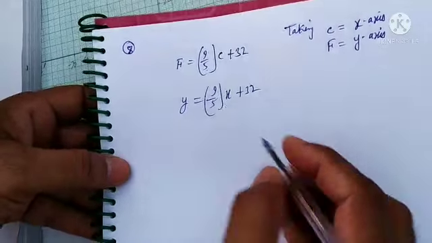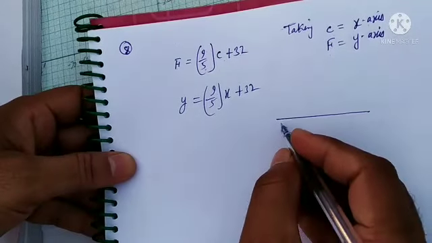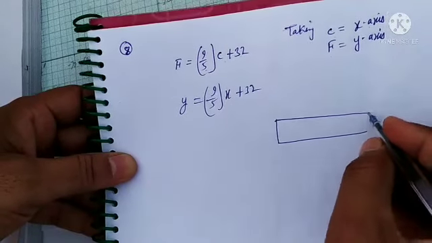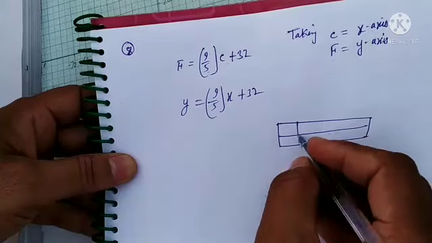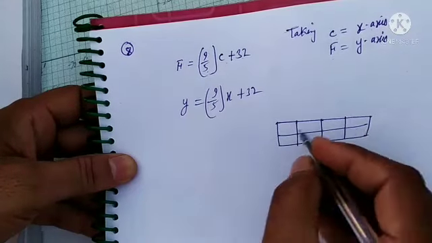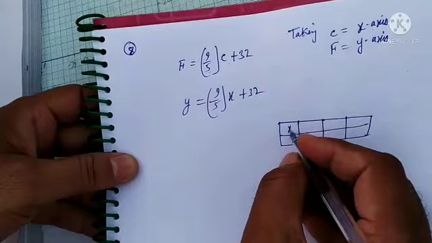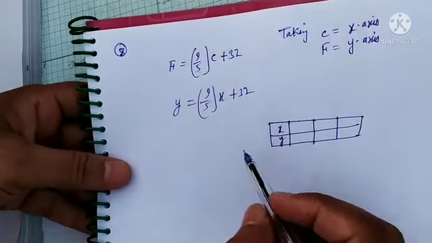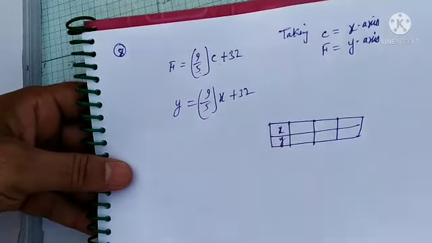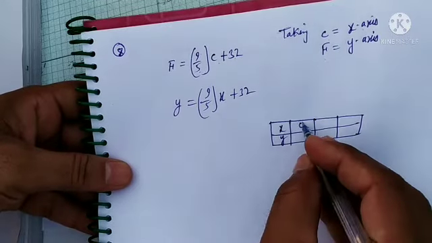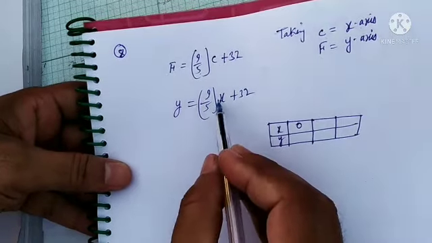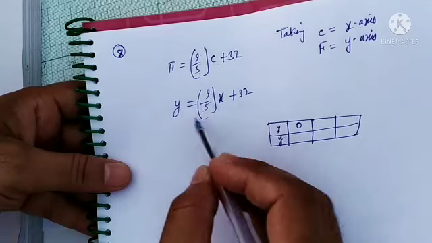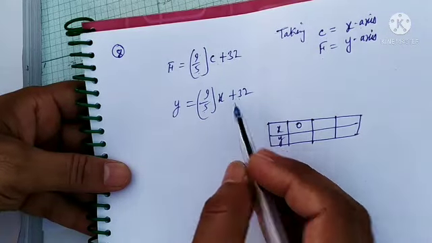It's very simple. Now make one small table. Three points are enough, x and y. Suppose you take x equal to 0, then 0 multiplied by 9/5 will be 0, and this plus 32 is left.